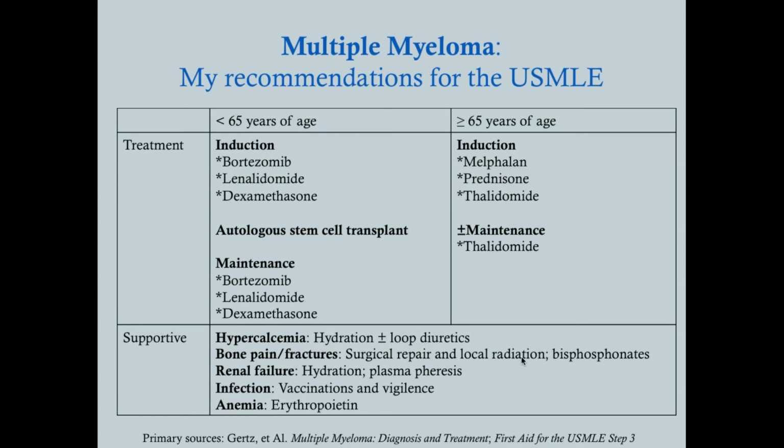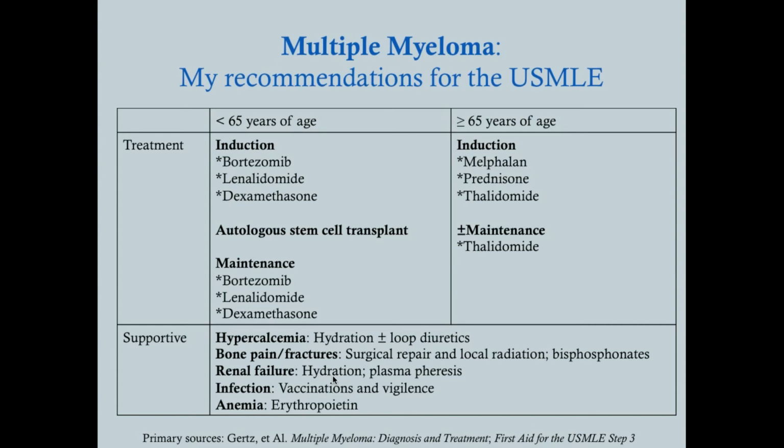So you can do surgical repair and local radiation. Surgical repair, obviously, for already existing fractures, local radiation for these lytic lesions. Bisphosphonates will reduce your risk of fractures because they help maintain bone calcification.